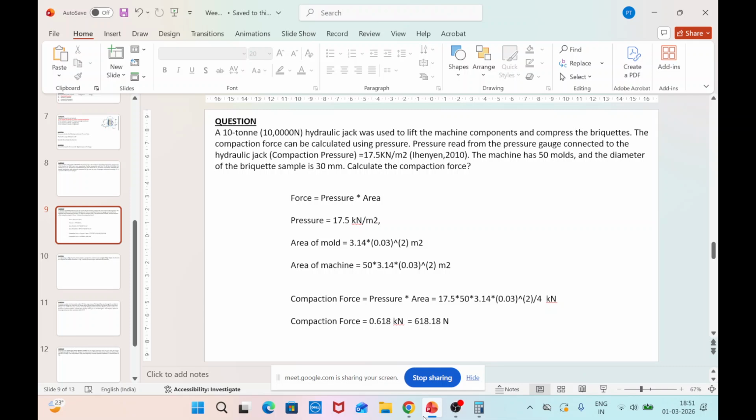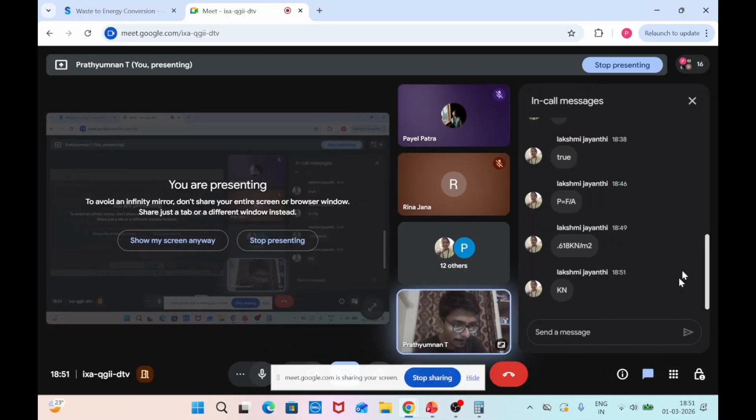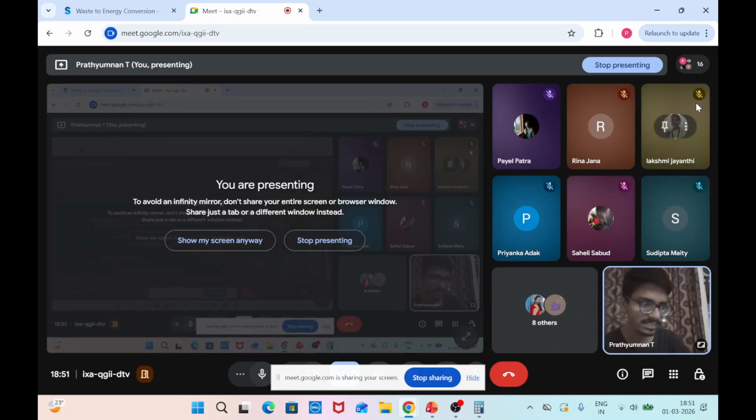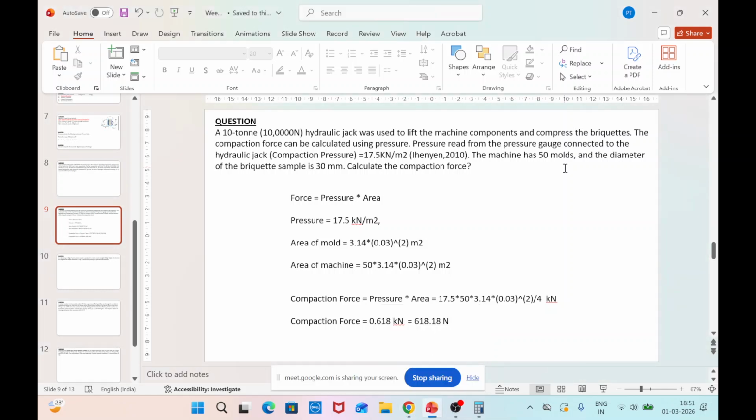Anyone, any doubts in this question? Yes, the answer is 0.618 kilonewton. Correct. So that's what we are also getting. So yeah, thanks for sharing the answer. Anyone with any other doubts?